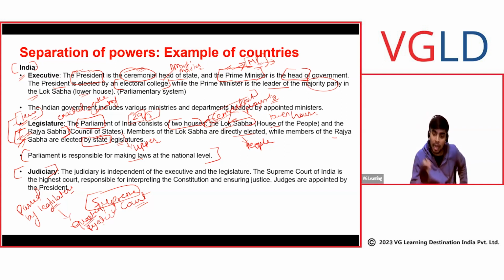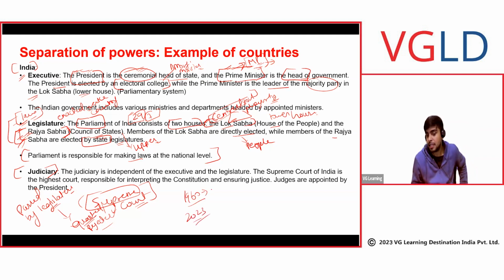Whatever law is passed by Parliament or the legislature in India or the US can be quashed or rejected by the Supreme Court. So the Supreme Court has the ultimate power over whether a law will be applicable in the country. There are many examples in India, like in 1960 itself, and even in 2023.